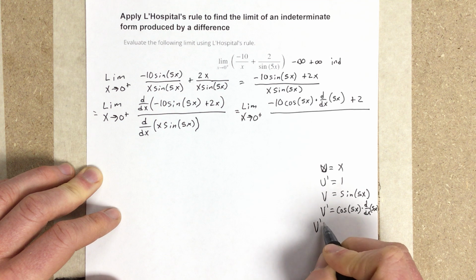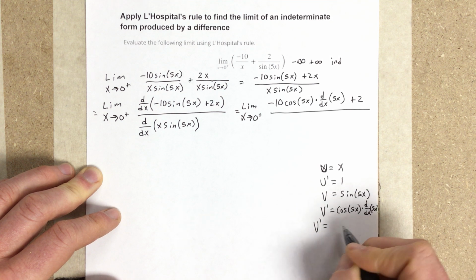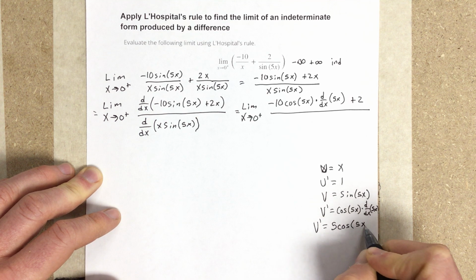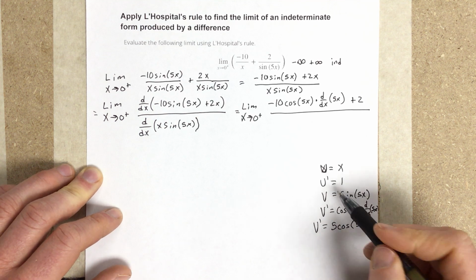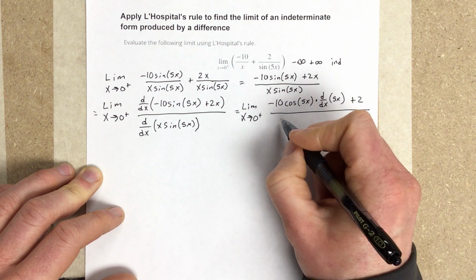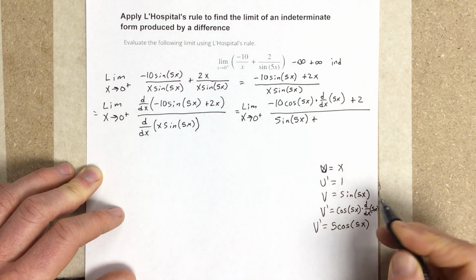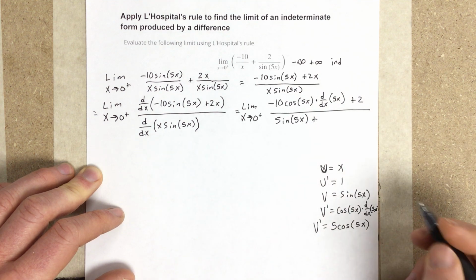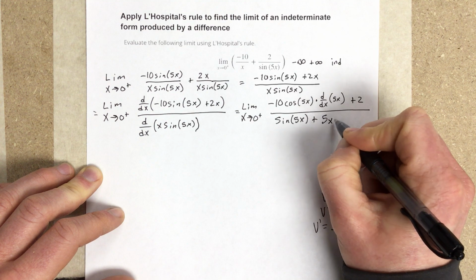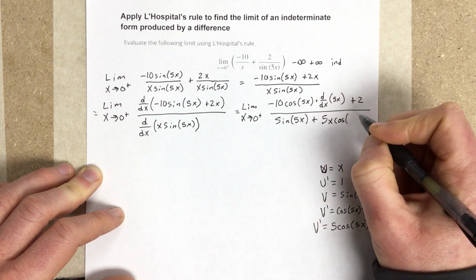So v prime is equal to, derivative of 5x is 5, so I get 5 cosine 5x. Now I'm going to take u prime times v, so that's just sine 5x. And I'm going to add it with x times 5 cosine 5x, which would be 5x cosine of 5x.